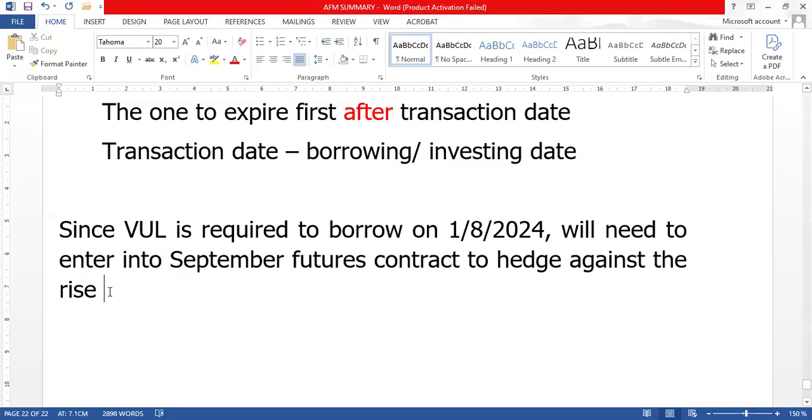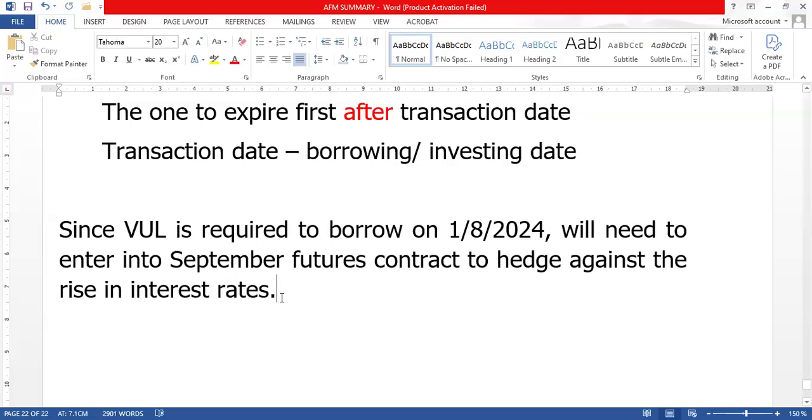So here we are to hedge against the rise in the interest rates. Are we together, guys? Yes, we are.